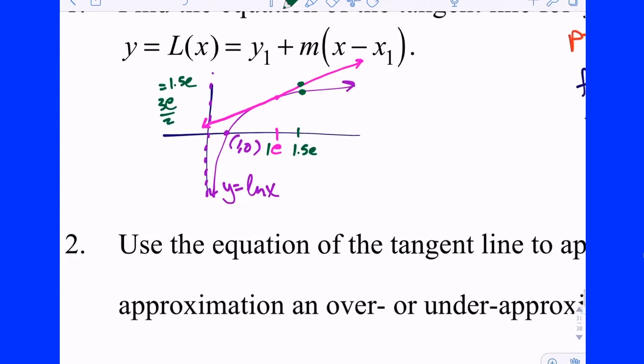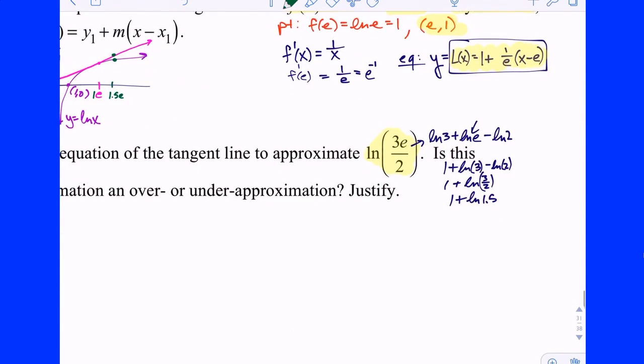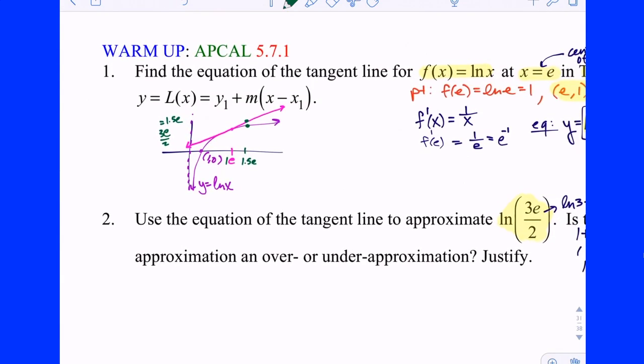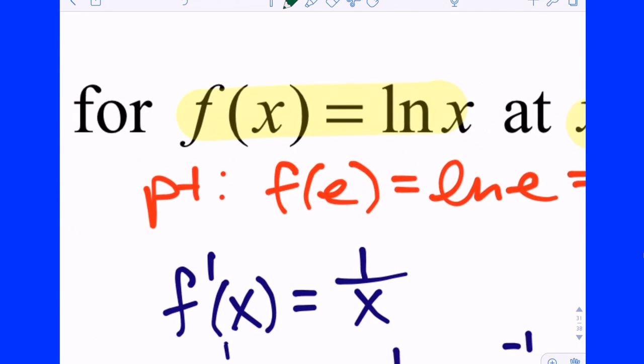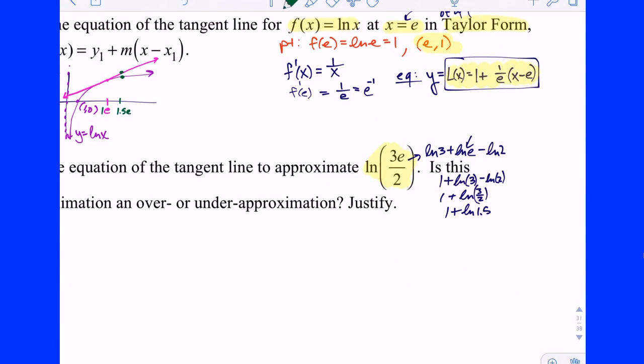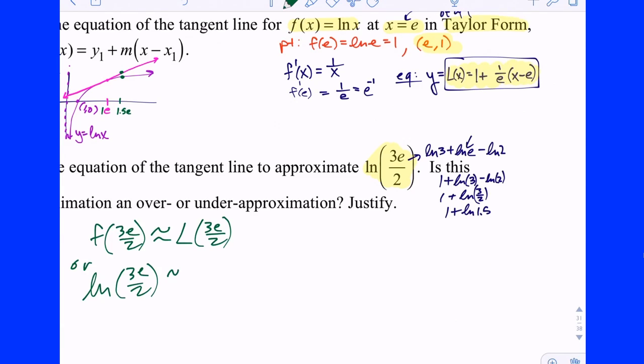So let's see what we can get here. The notation is pretty important. The function ln of x was called f. So here's what you'd want to say. You either say f of 3e/2 is approximated by L of 3e/2. You could do that. Or you can actually say the natural log of 3e/2 is approximately L of 3e/2.